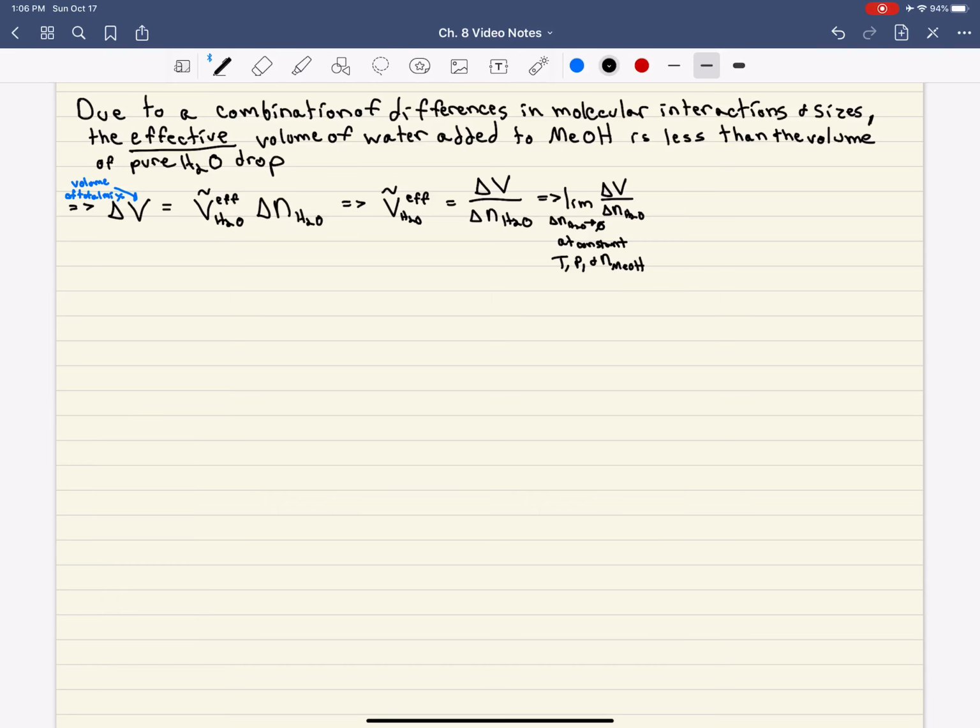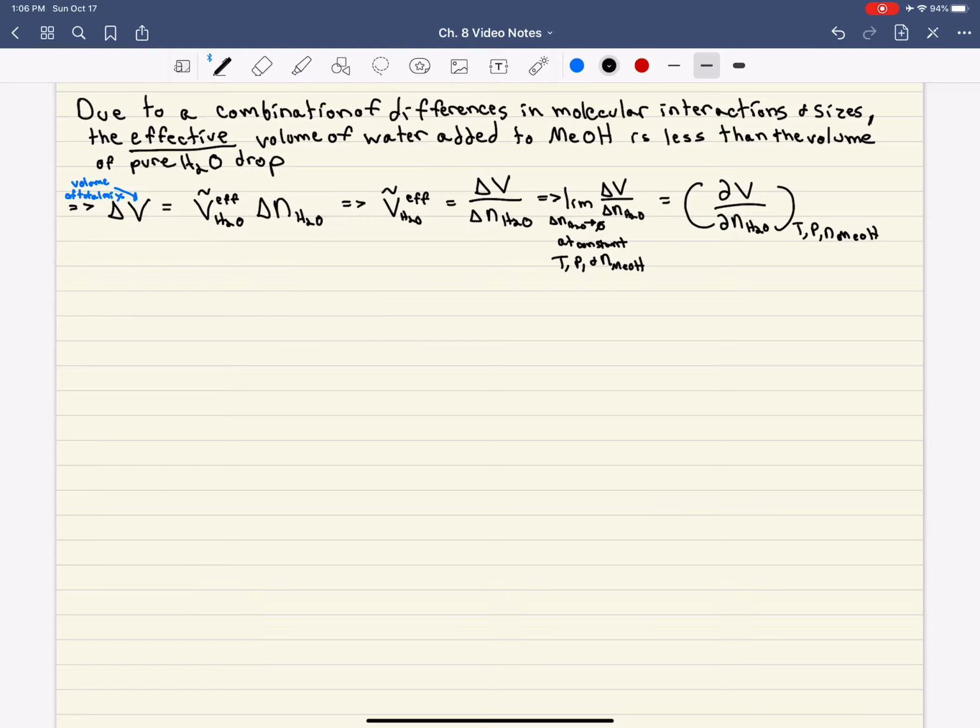So holding all these things constant, if we take the limit of this ratio, mathematically what we get back out is a partial derivative of the volume with respect to the moles of water at constant T, P, and n methanol. Okay?